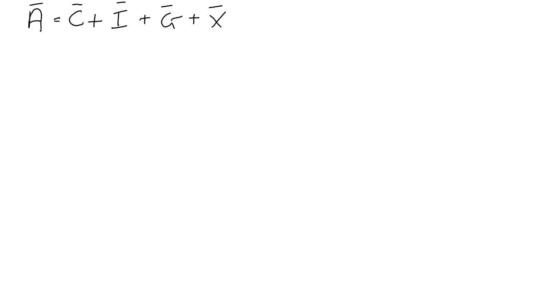This import function may be written as imports equals autonomous imports, which means we're going to import things regardless of the amount of income that we have. But there's also another component in the sense of, depending on how much income we have, we'll also obviously have a whole lot more imports as well.